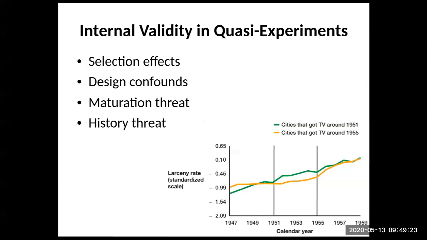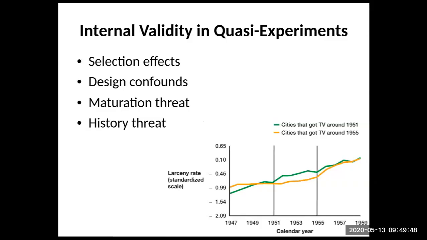People like to steal a lot of cars. So maybe those cities that got TVs, and if people could afford TVs in those cities, then maybe they were also getting more and more expensive cars, right? So that could be a confound, that people were stealing more because there were cooler looking, more expensive cars around, and things like that. Or maybe there were more banks and banks got robbed. So it might not just be TVs, right?